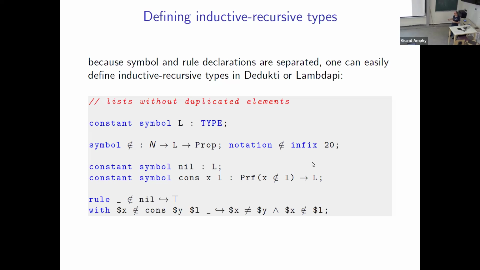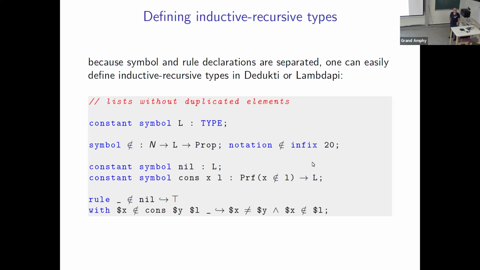Okay. So for lists, you have two constructors, nil and cons, as usual, but now in the cons case, you want to make sure that the element X that you add to the list does not belong to the tail of the list. So it means that you need to define a predicate, does not belong, on induction on the type that you are currently defining.